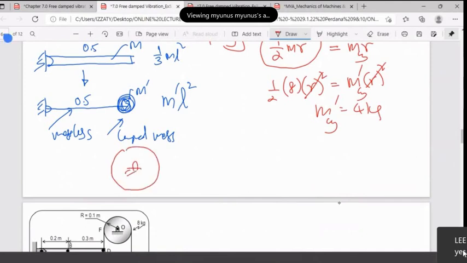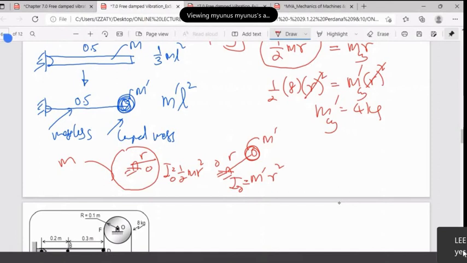Basically it comes from this analogy: I equal to half M R square. You don't want this; you want to change it to a lumped mass, but maintain the radius R. So if this is M, it's no longer M, it becomes M prime, and I about O equals M prime R square.